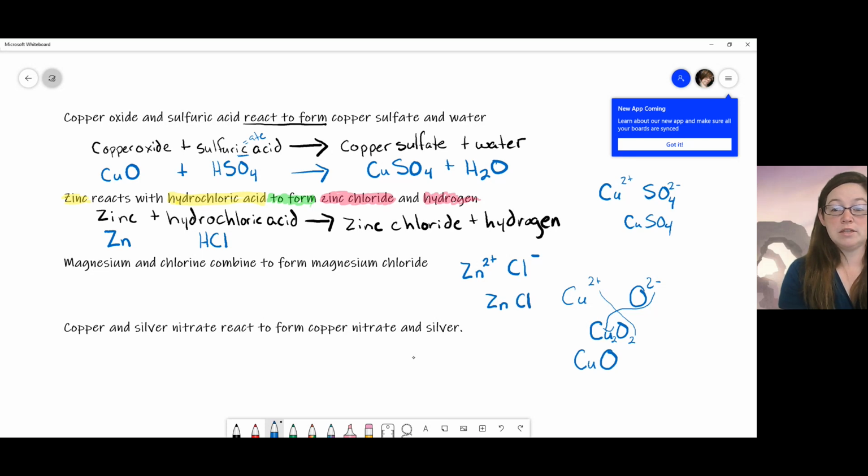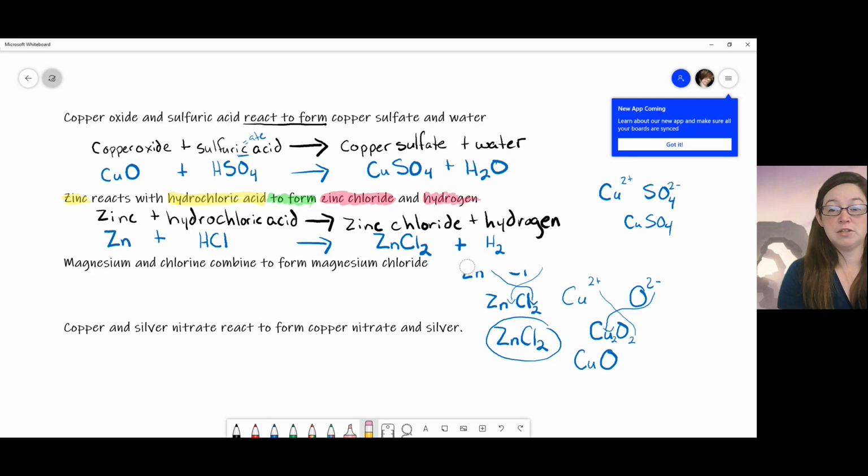The 1- comes down here and is still just blank. The 2 positive comes down here and becomes a 2. So we'll rewrite ZnCl2. This is our compound for zinc chloride. And it says plus hydrogen, and hydrogen is always diatomic when it's a gas, so it's H2. So we'll do plus, and there we go. Oh, I forgot the arrow. There. Okay, you've made a skeleton equation.